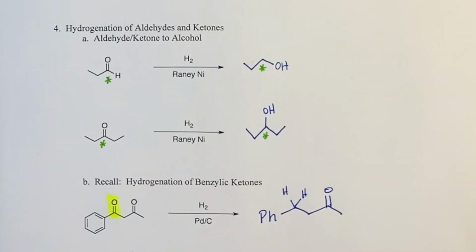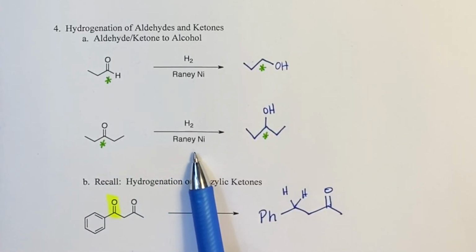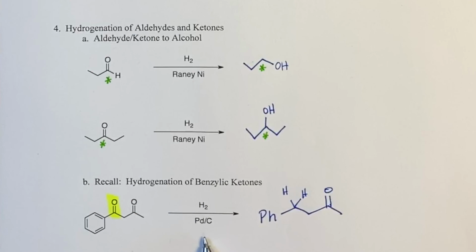The product of that reaction is this one here, where that benzylic ketone in the presence of hydrogen gas and palladium on carbon gets reduced to the CH2 group at that benzylic position. Notice that my ketone that's not in the benzylic position remains unaffected by this reaction. Raney nickel is a more reactive hydrogenation catalyst than palladium on carbon.